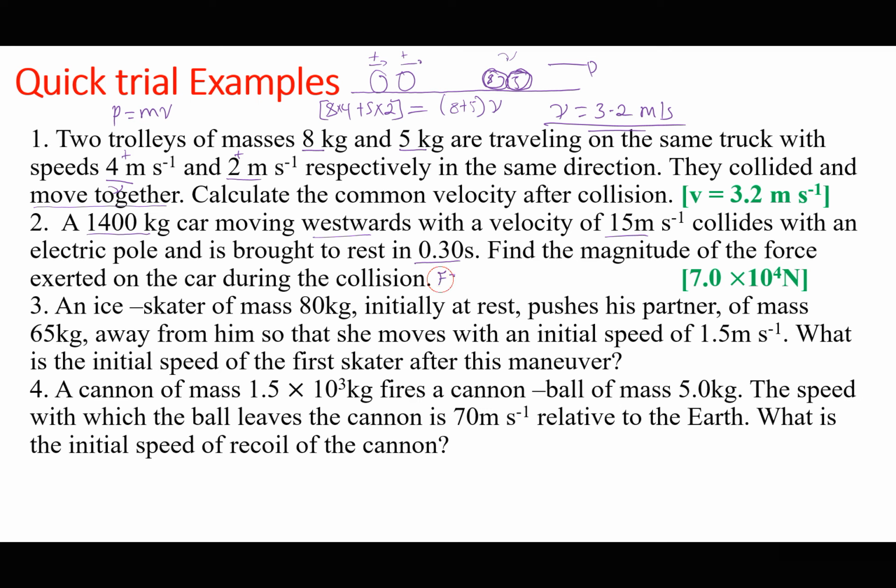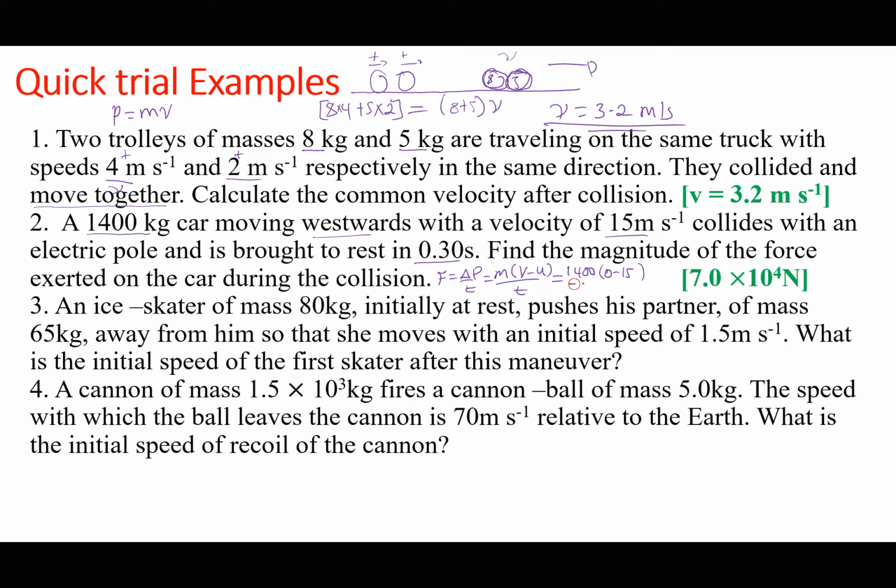So force is equal to the rate of change of momentum. That is mass times final velocity minus initial velocity over t, or change in velocity to be specific. So the mass is 1,400. The change in velocity is 0 minus 15, after all, this force is causing a deceleration.